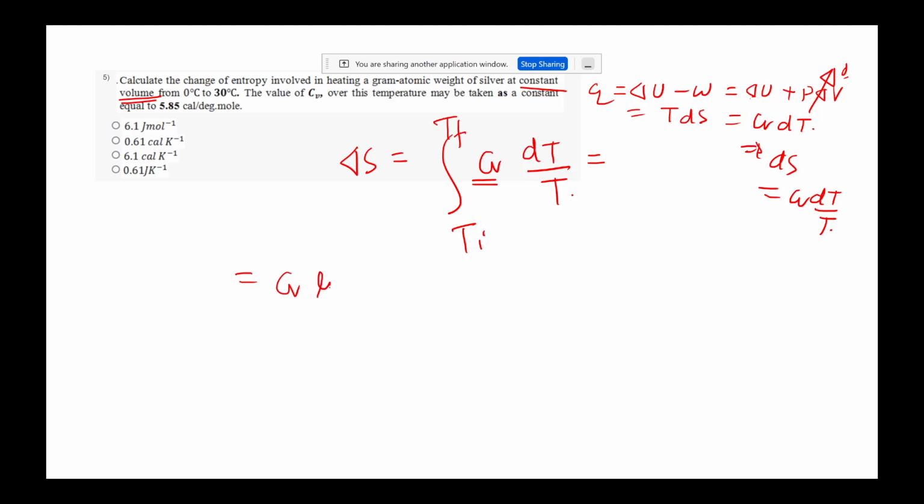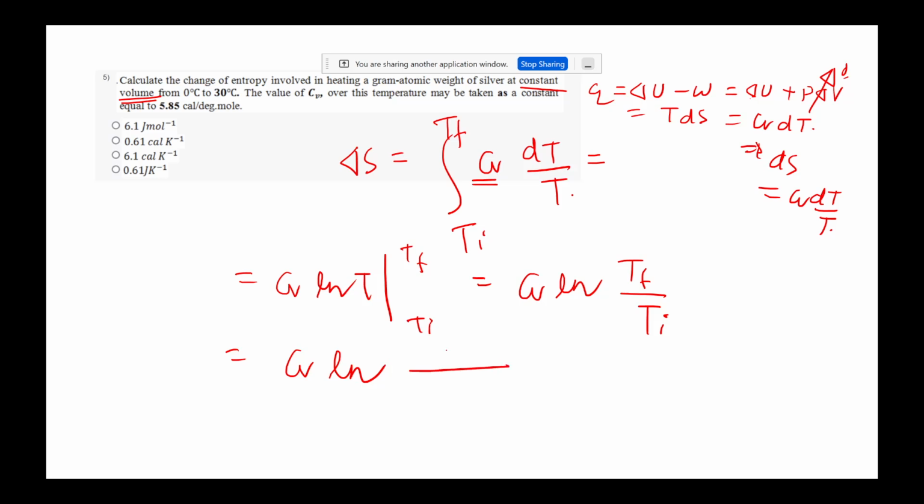Okay, this will be ln T, but there will be some limits Ti to Tf. Now this will be Cv ln Tf by Ti. Now put it, what will be Tf? What will be Tf? Final temperature, not pressure.